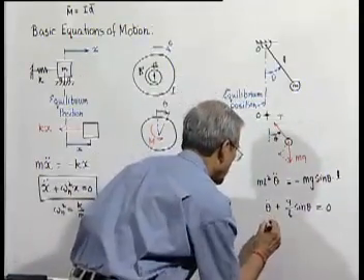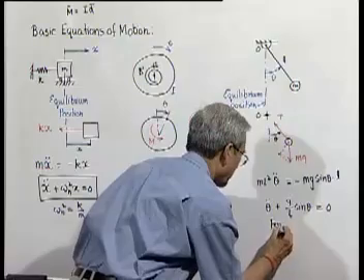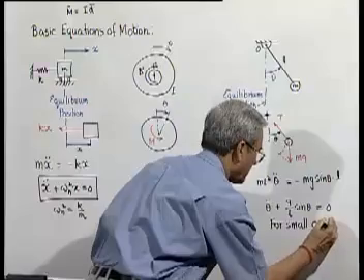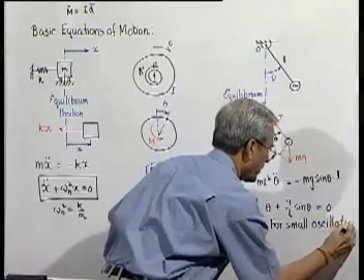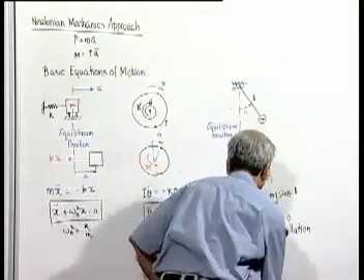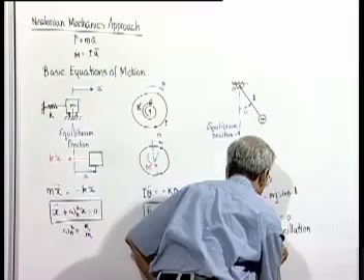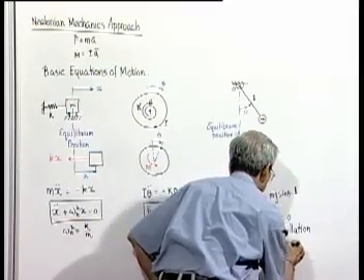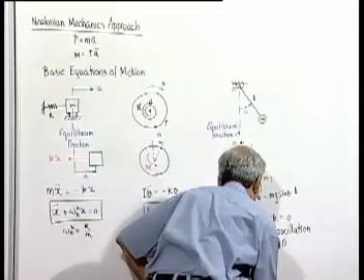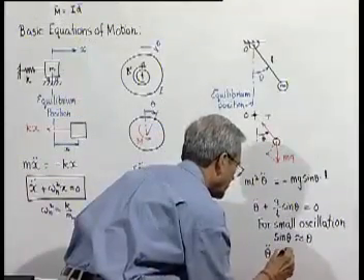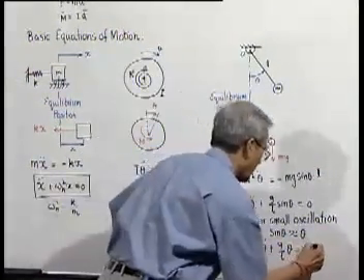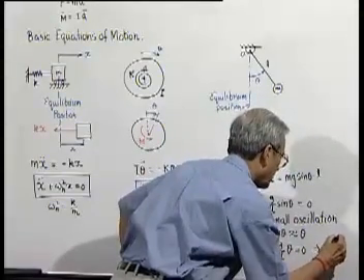However, for small oscillation, which is always the case unless otherwise mentioned, we can write sin theta is approximately equal to theta, and theta double dot plus g by L theta equal to 0.